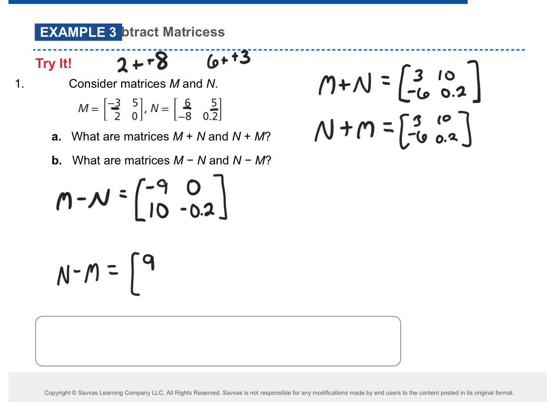What's 5 minus 5? 0 still. Negative 8 minus 2. Negative 10. And then 0.2 minus 0. 0.2. So were they the same? No, but what do you notice between these two? They're opposites, right? What's a word that we've used for opposite before? Starts with an I.